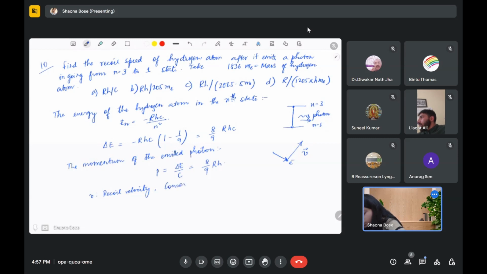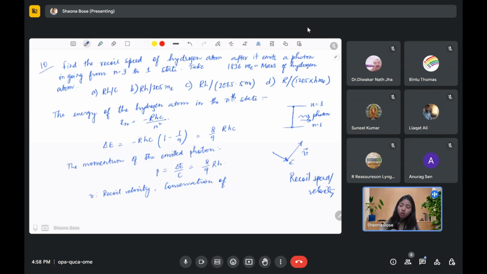So from the conservation of momentum, and one important concept I forgot to tell: when there is a recoil speed or velocity, there is usually no loss of energy, as in the form of heat.